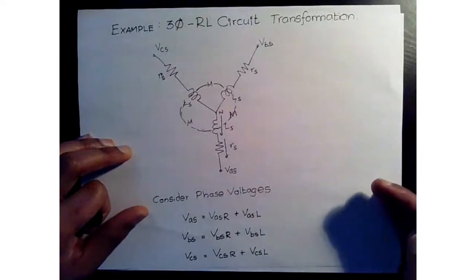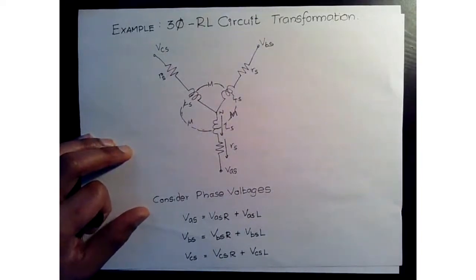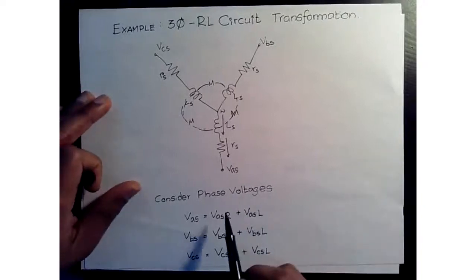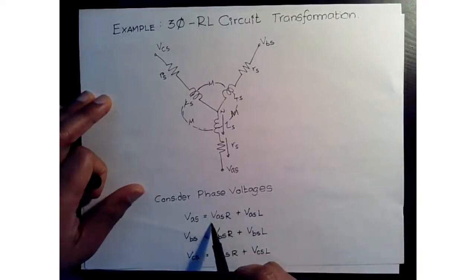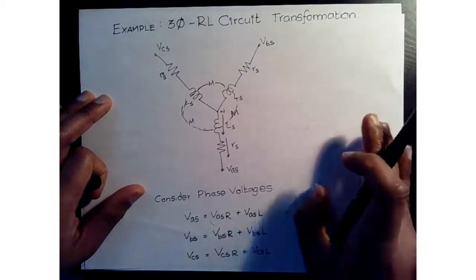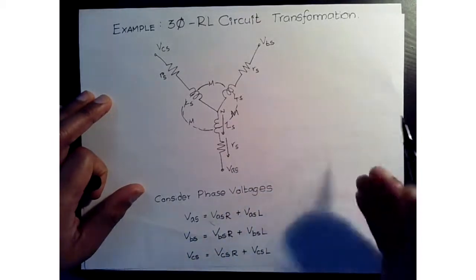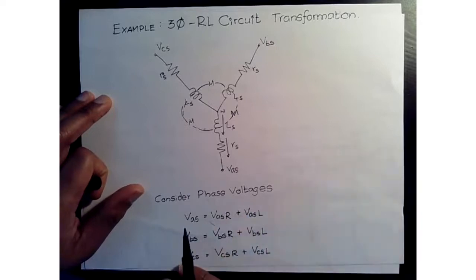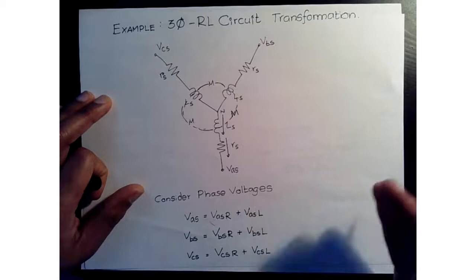When we do that, we can bring in the concepts that we discussed earlier, because we now know how to transform any resistive circuit to the rotor reference frame. We know how to transform the inductive circuit to the rotor reference frame or arbitrary reference frame.